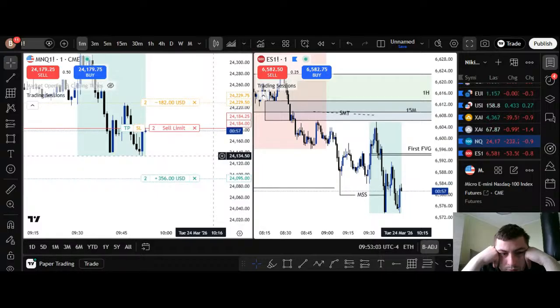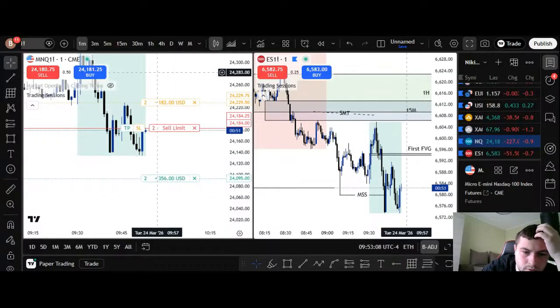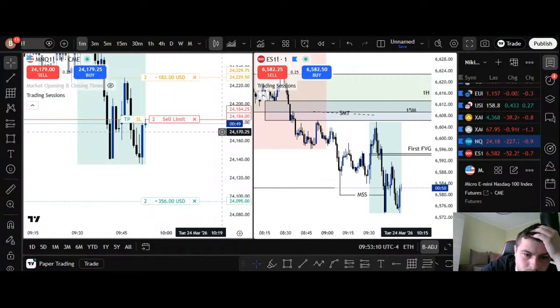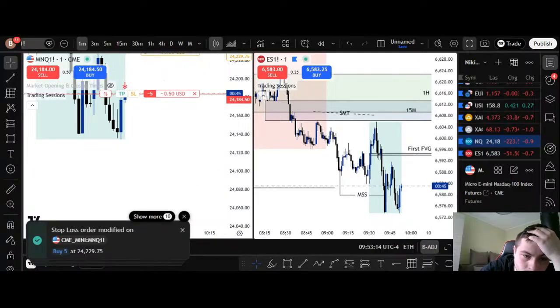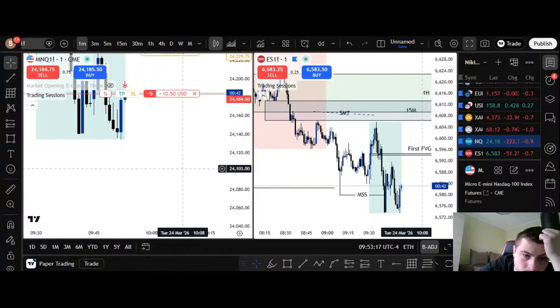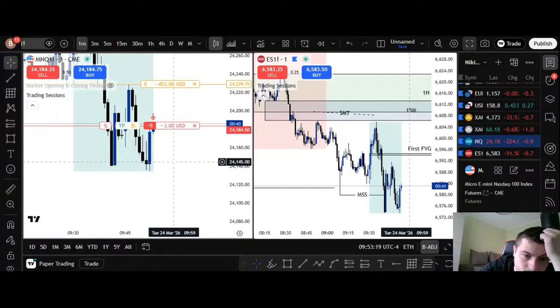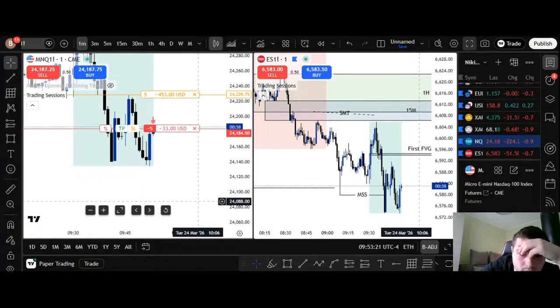Okay, here we go. Why is it not selling? I should be in already, but I'm somehow not. Okay, nice, now I'm in. Let's see if price can react from here.